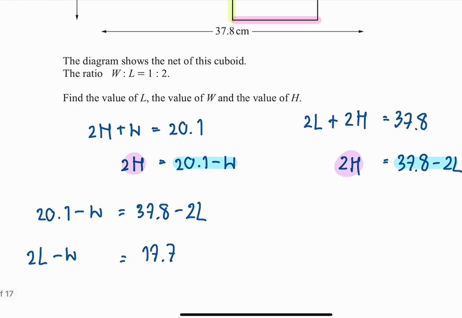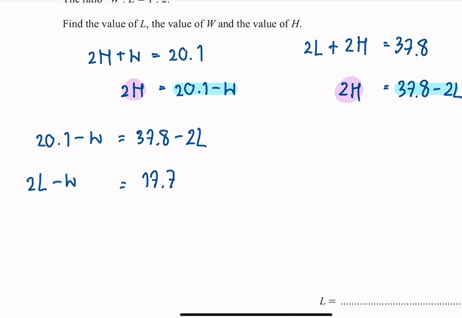And because W to L is equal to 1 to 2, therefore W is equal to L over 2.